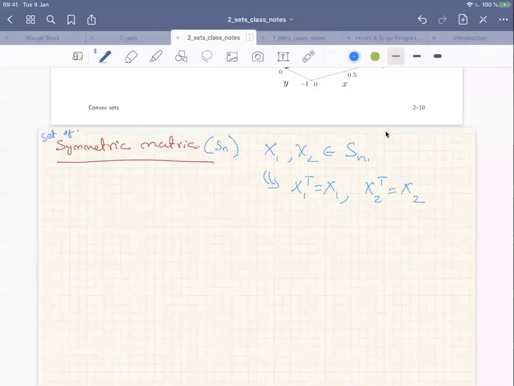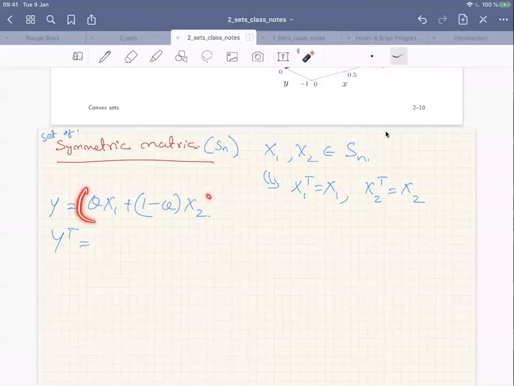Now we take a new matrix y, which is equal to theta x1 plus 1 minus theta x2. Now we see what y transpose is.